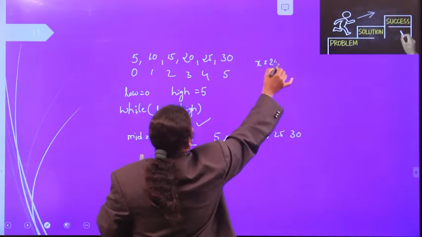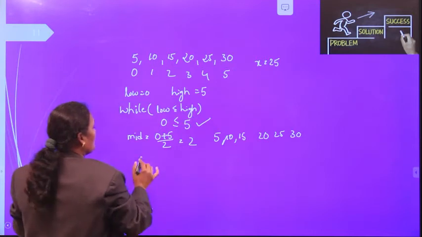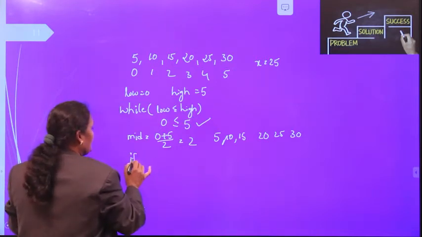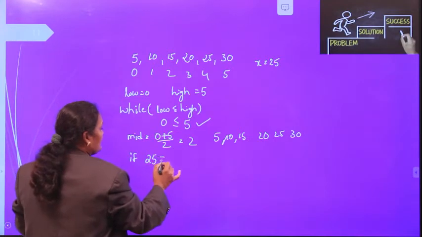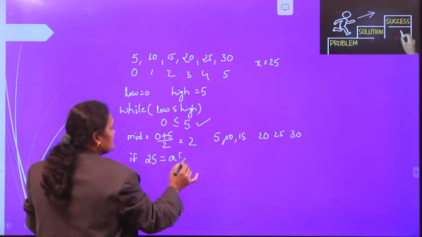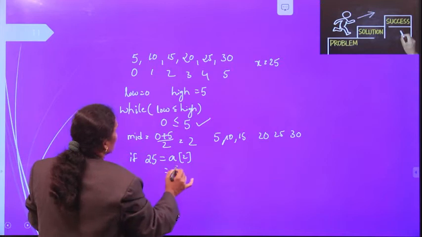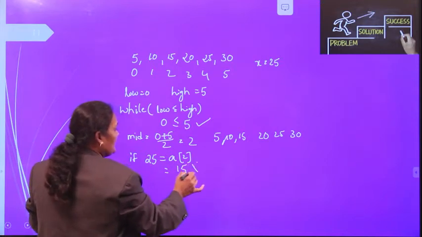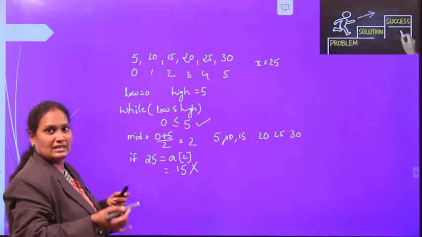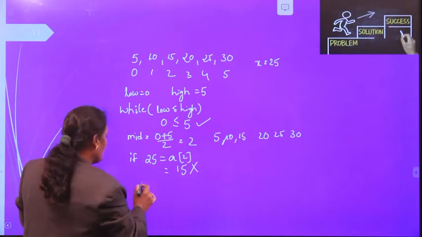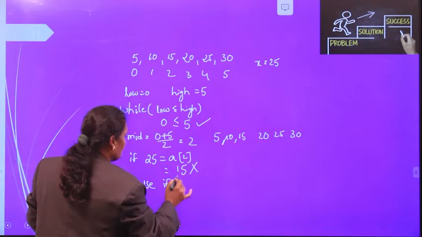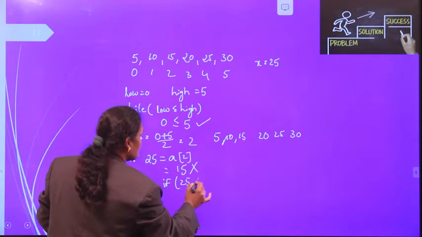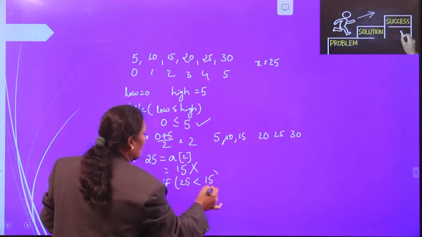Here my key element is 25. I am going to compare the mid value with the key element. Here the key element is 25 and A of mid, that is A of 2. What is A of 2? 15. Here the mid element is not equal to the key element. Now I am going to see whether 25 is less than the mid value or not.